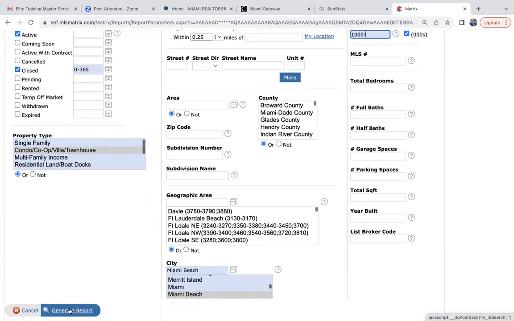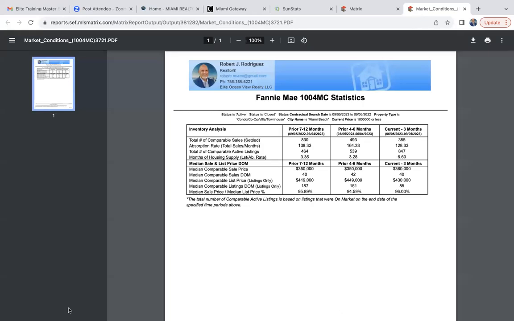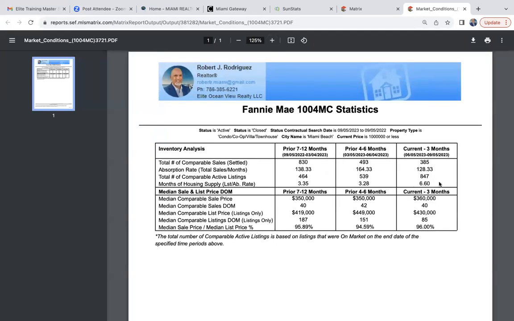And how is the condo market in all of Miami Beach for prices under $1 million? And here we have 6.6 months of inventory.